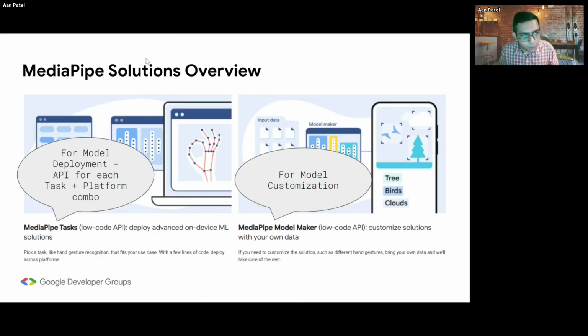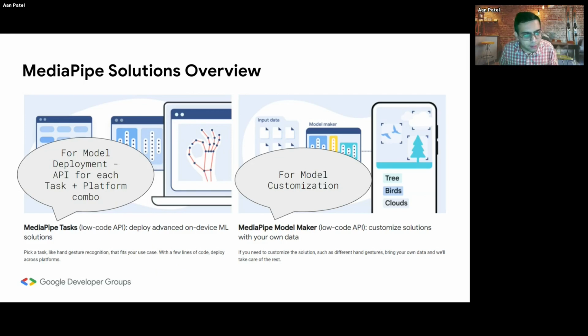Before going into the demos, here is an overview of the MediaPipe Solutions APIs. So it's basically split into two chunks. One is MediaPipe Task APIs. These are the libraries that you import into your application to run models that do different kinds of inference.